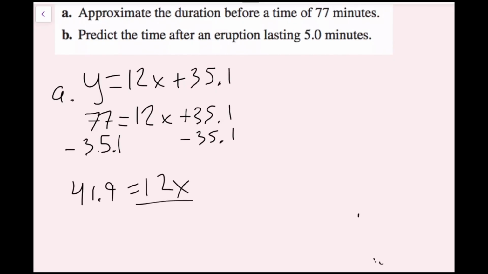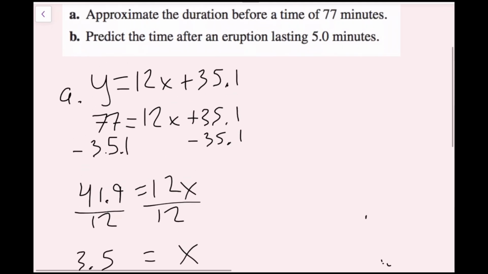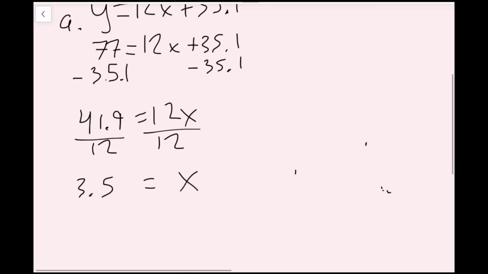Now I just have to divide by 12 on both sides to get my approximate time of the previous eruption. Using my calculator, I get 3.5 minutes rounded to the nearest tenth. So for part A, the previous eruption was 3.5 minutes, or about 3 minutes 30 seconds. So that's part A.